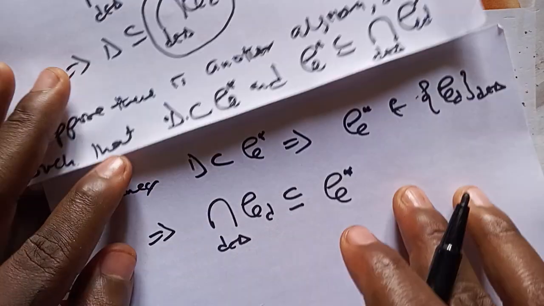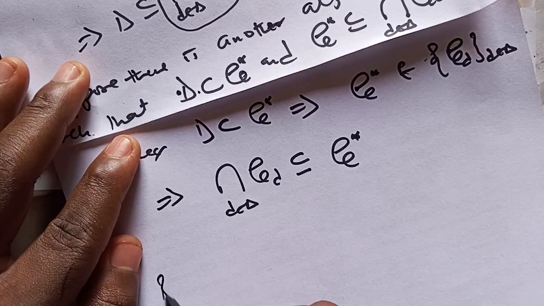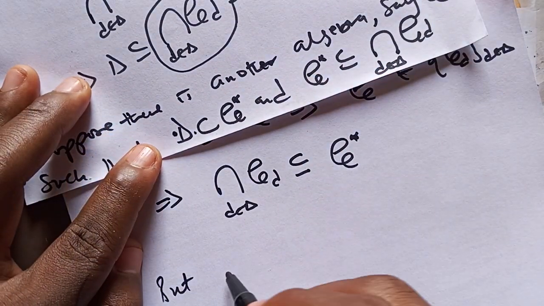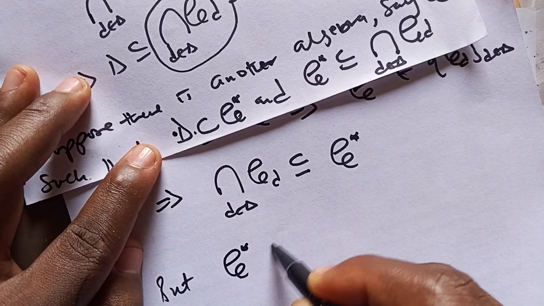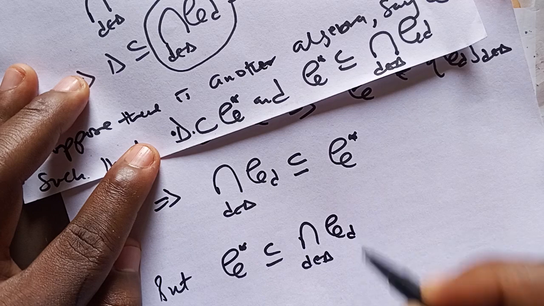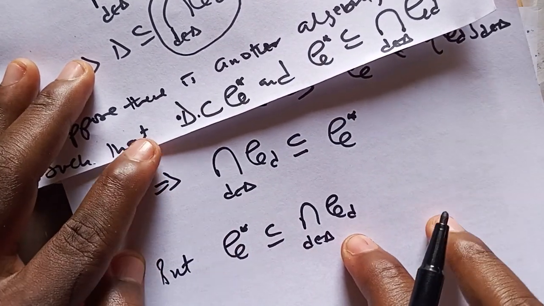That's what it means. Now remember, from our assumption, A star is a subset of this intersection, right?